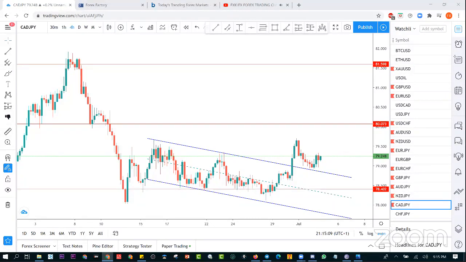Okay, so I just want to know how many confluences do you use in your trading? Confluence? You mean confluence factors? Yes, how many do you use normally?